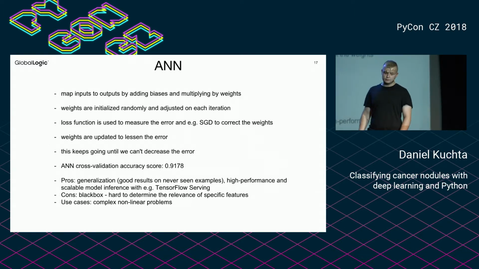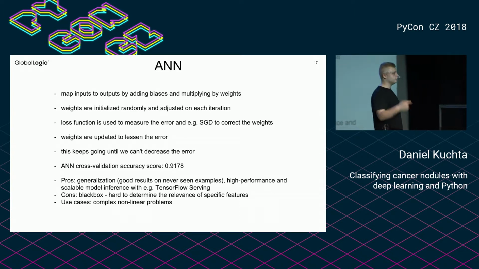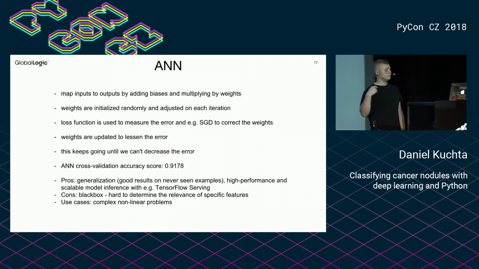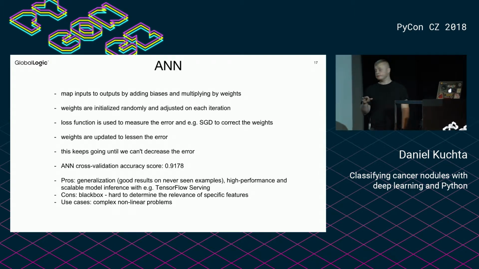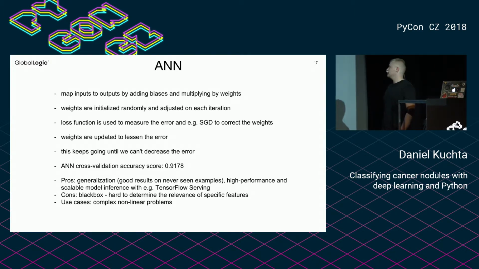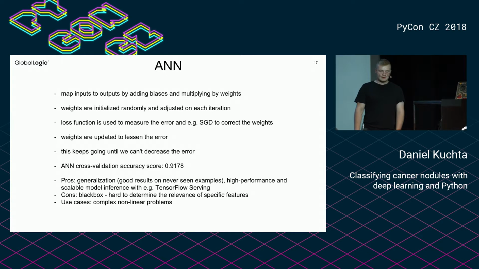We constructed 223 training features that were used as an input vector for this neural network. The best accuracy we got was around 92%, which is very good. We built this network using TensorFlow and Keras.